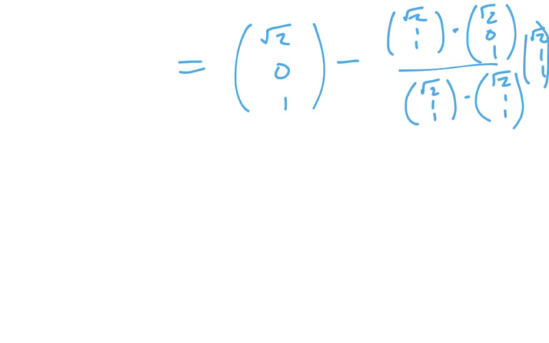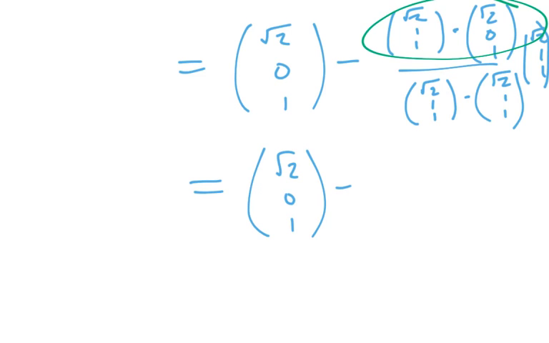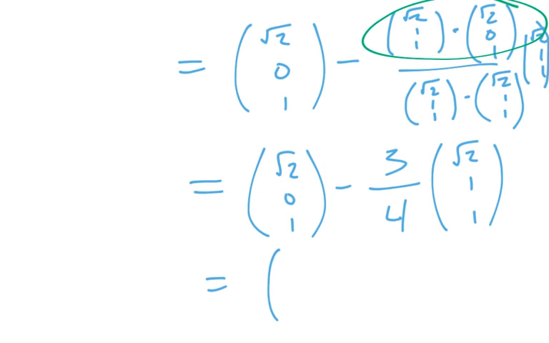So, brute forcing our way through this, we'll have root 2, 0, 1 minus, now upstairs, just this part, we will have root 2 times root 2 plus 1, so that's 3. Downstairs, we've got 2 plus 1, which is 4. Root 2, 1, 1. So this is root 2 minus 3/4 of root 2, which is 1/4 of root 2.